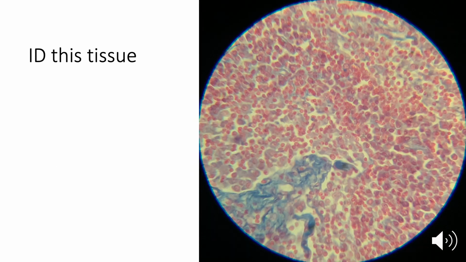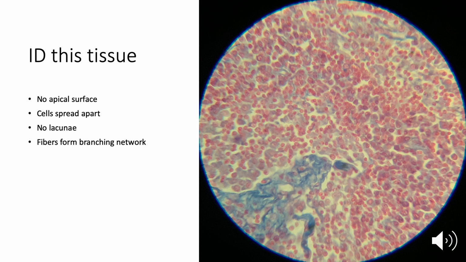Here is another slide. This tissue here, you can see that there's no apical surface. I don't see any really empty spaces, big empty spaces here to speak of. This one sometimes gets confused with blood because we do see these red dots. Those are the cells of this tissue, but I'm also seeing fibers. So no apical surface, cells that are spread apart, no lacunae, but I see these fibers that form this branching network.